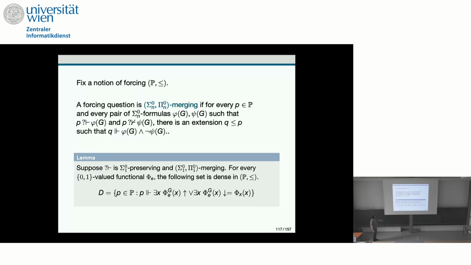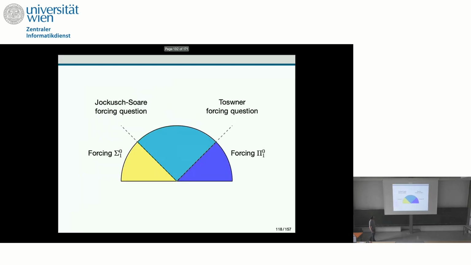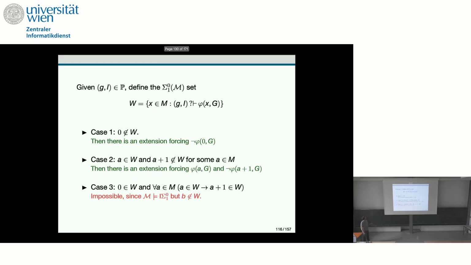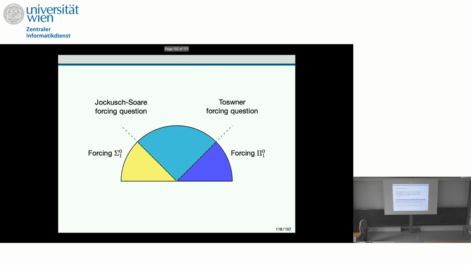This is absolutely not the appropriate density lemma, but you can still prove exactly the same density lemma. And here you use abstractly in case 2 the fact that you are sigma 0 1 pi 0 1 merging. So we have exploited the fact that the forcing question is a bit like co-forcing, so it's extremal on this side, and the other forcing question is still extremal on the other side.